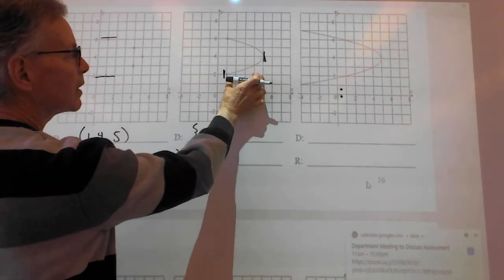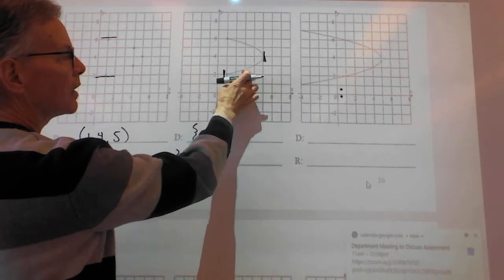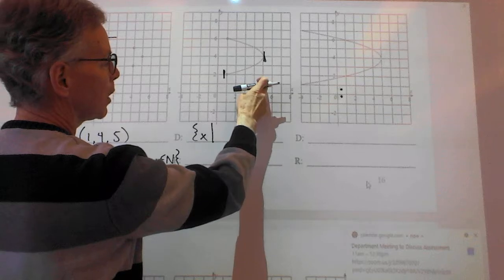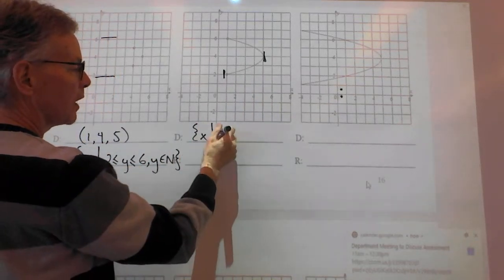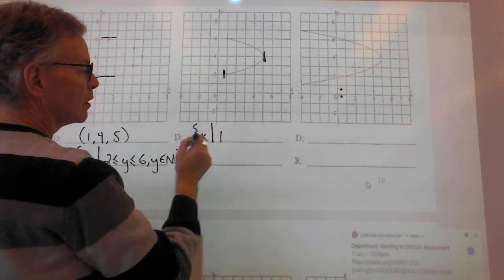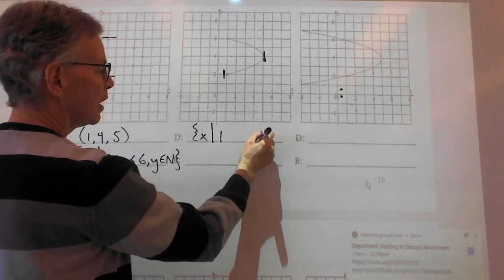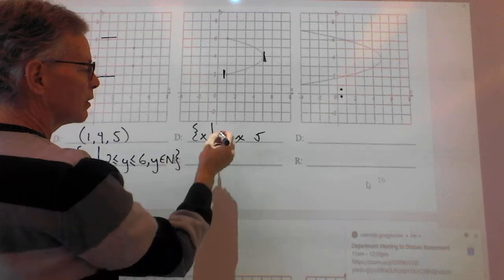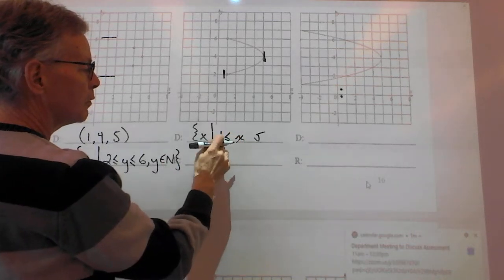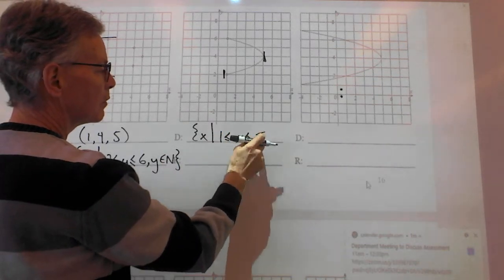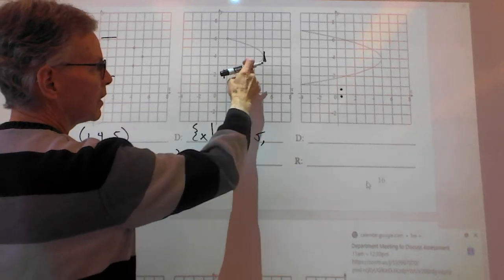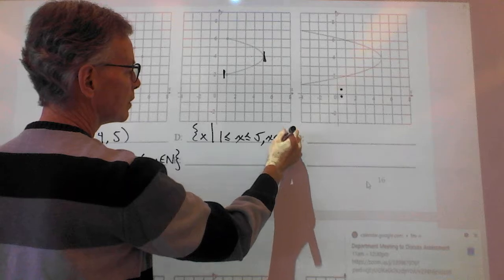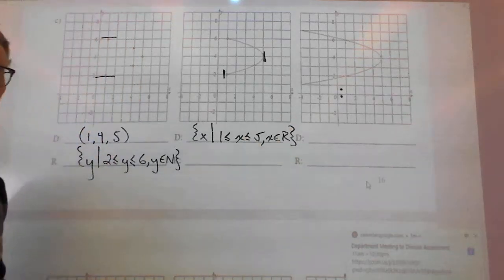So my x values are in this area here, between positive 1 and positive 5. I have a low value of positive 1, a high value of positive 5, x is between them, greater than or equal to 1, and less than or equal to 5. And in this case, because we have a solid line, we say x is an element of the set of real numbers.